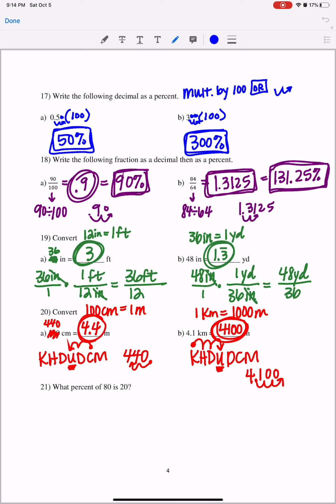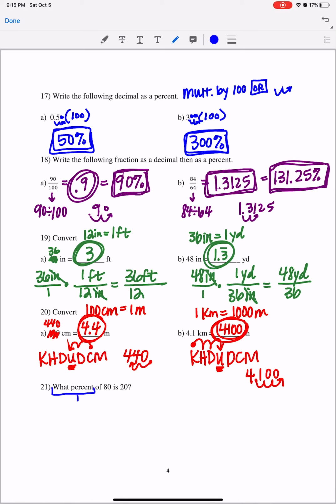Okay, on 21, if we solve this first by an equation, it wants to know what percent. Let me get rid of that equation. Makes it a little bit harder. Okay.